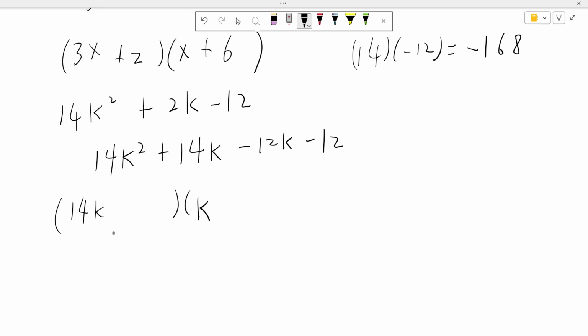And it does, so we're good. So we can do that check at this stage. And we find this other number, plus 1 will work because 14k times 1 will result in one of these two terms, namely 14k.